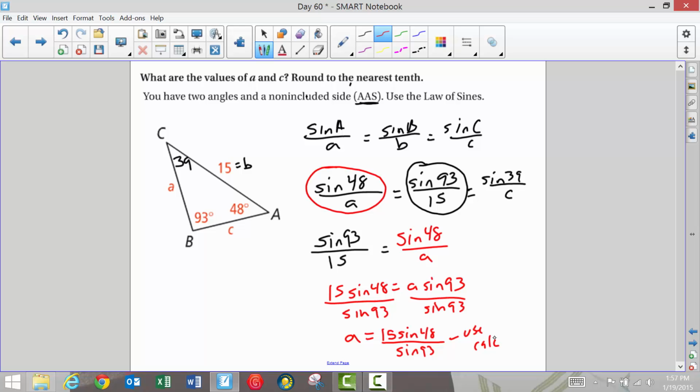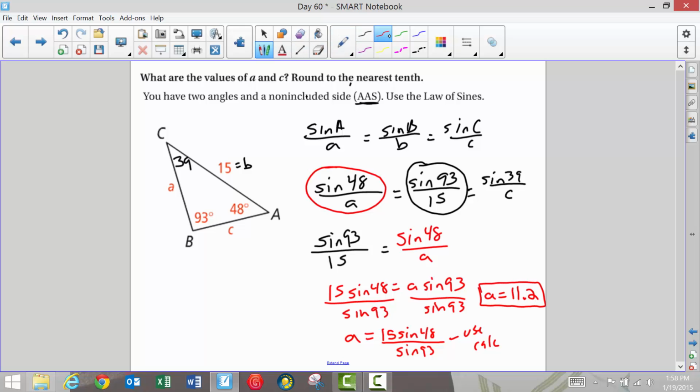I'm going to do 15 sine of 48, and I'm going to divide that by sine of 93, and I get 11.16. So A is approximately 11.16, but I want the nearest tenth, so it's 11.2. That's my answer. Now, that's only for A.